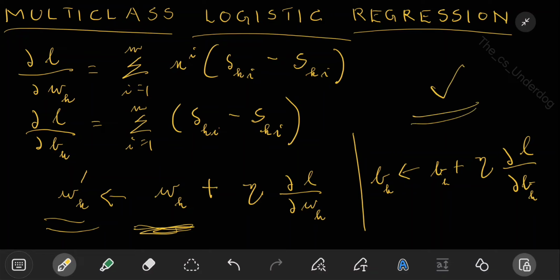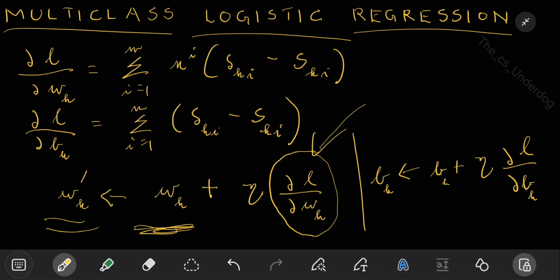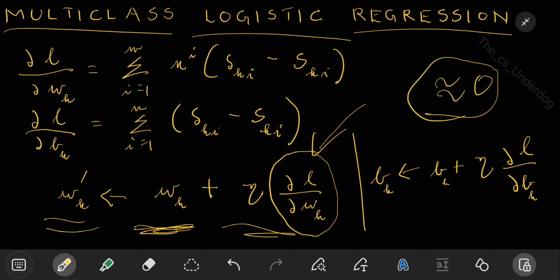That is one way. One other way is, if this gradient, that is del by del WK of L, this derivative of log likelihood, is very close to 0, then there is no major update that is going to happen. So in that case also you would say okay, I have reached the optimal W, I am going to stop.